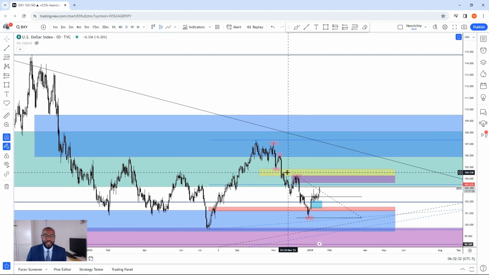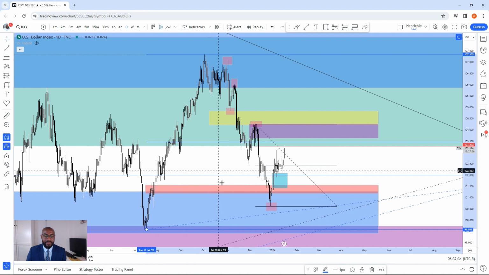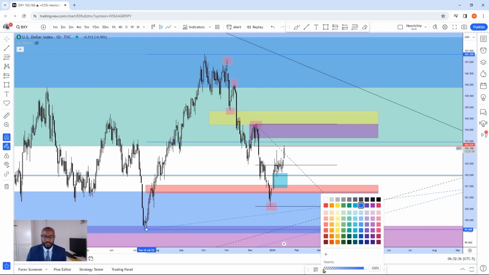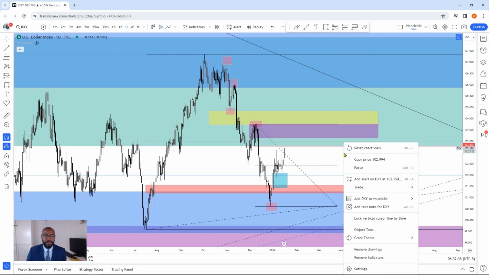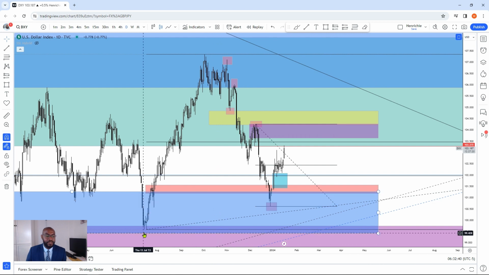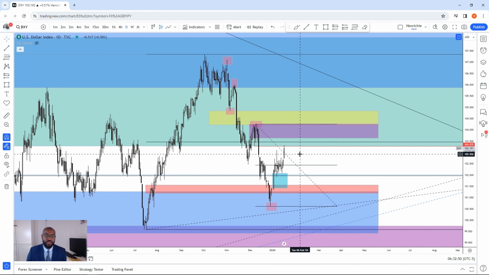Right here, if we're measuring from the overall high to the overall low, you're going to see that this blue line is our equilibrium.